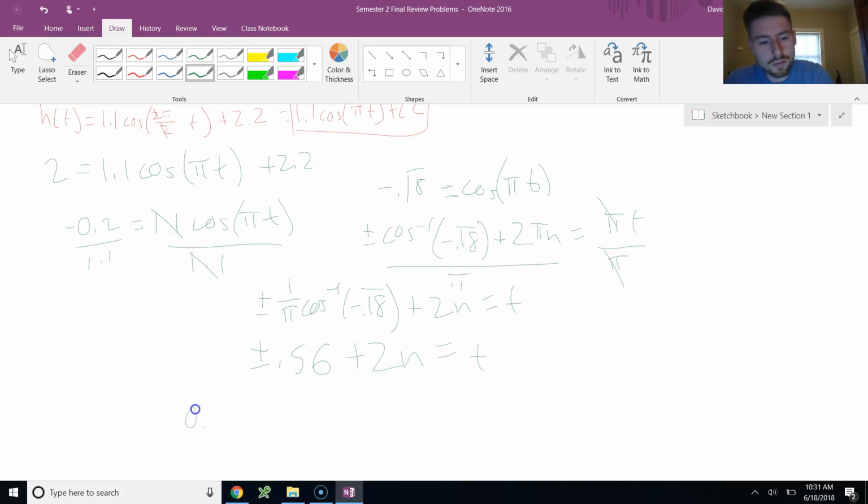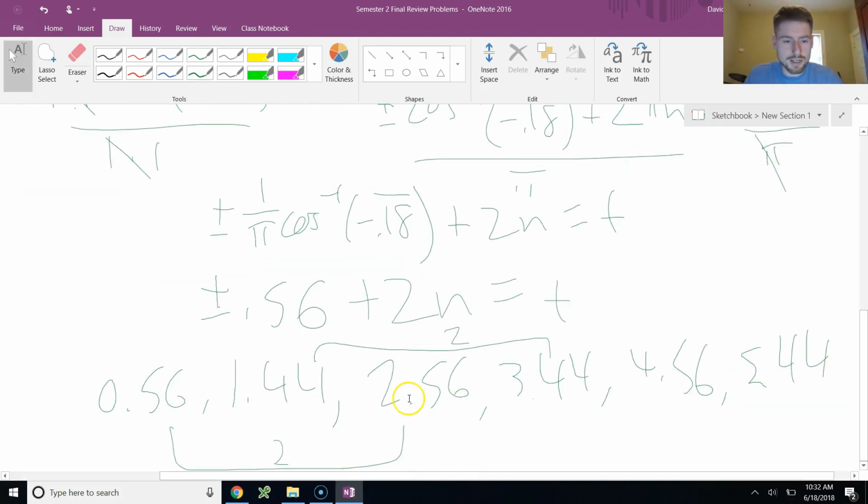We'd have 0.56 as the first time. Then we'd have the negative plus 2, which is equal to 1.44. And then the next one would be 2.56. And then we'd have 3.44. They're all separated by 2 seconds, which is really nice. 4.56, and then 5.44. And they would just keep repeating this pattern. Each one of these is 2 seconds apart.